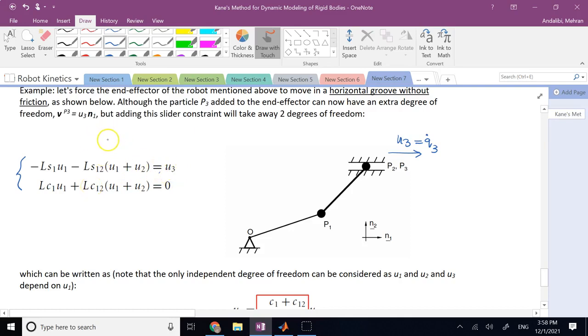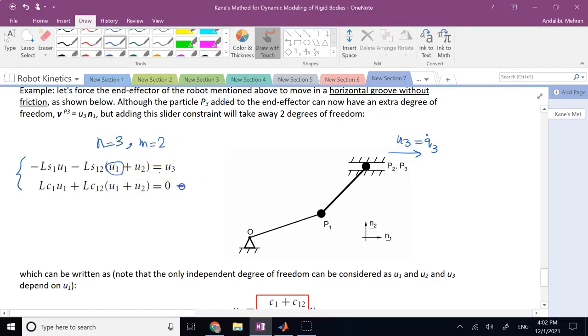So here your n is what? N was 2, but now you have 1 extra degree of freedom, so your n becomes 3, but you have 2 constraints here, correct? Therefore, you really need one of these generalized speeds to keep, and you can basically determine the 2 others based on that. So in here, if I want to keep U1, then I want to determine U2 and U3 based on U1. How do I do that?